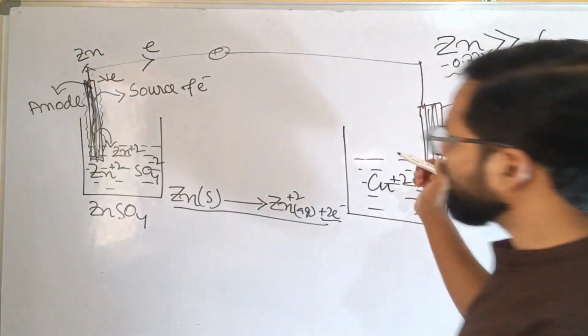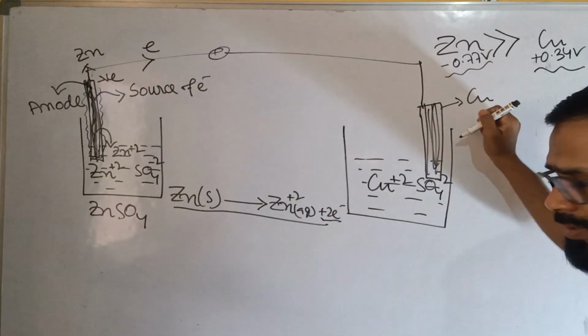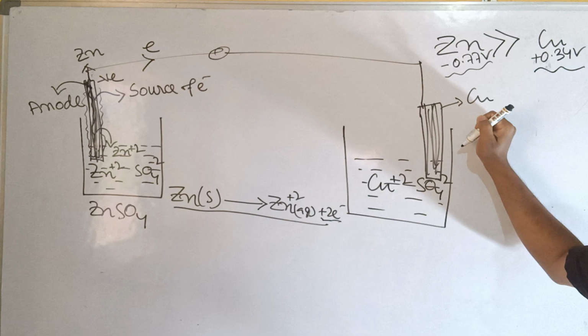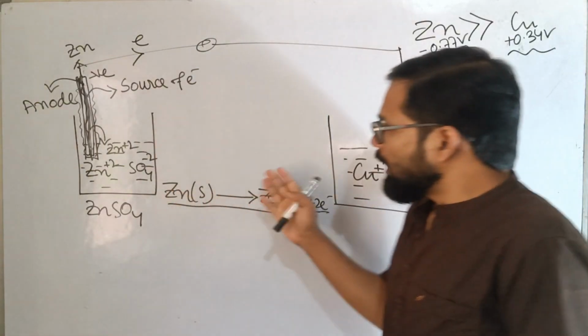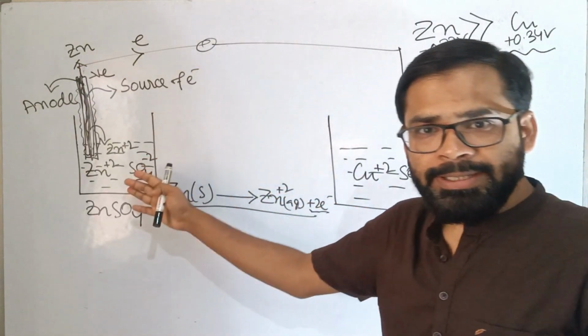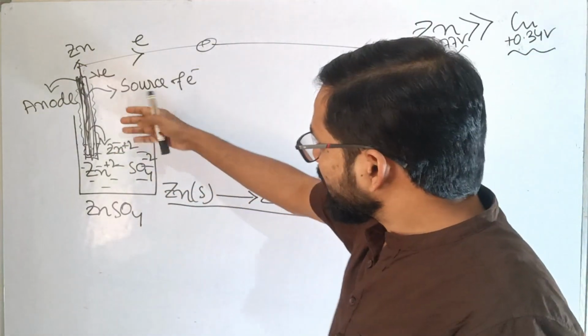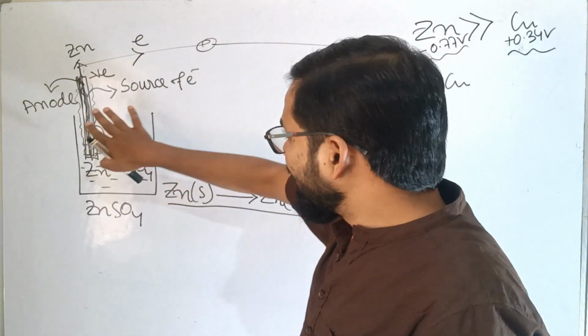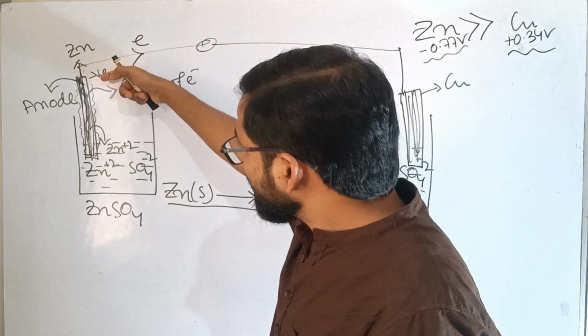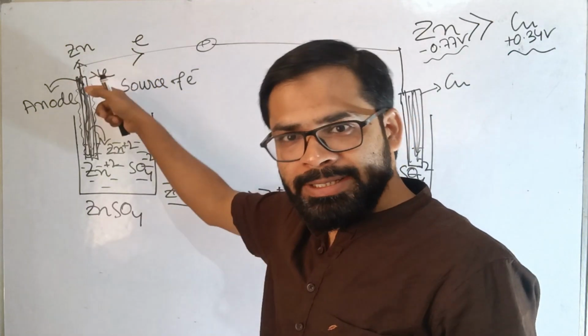This is not fixed; it is not that copper will always be the cathode. Okay. So now the left portion, is it clear? The left electrode is the anode and its charge will be negative.